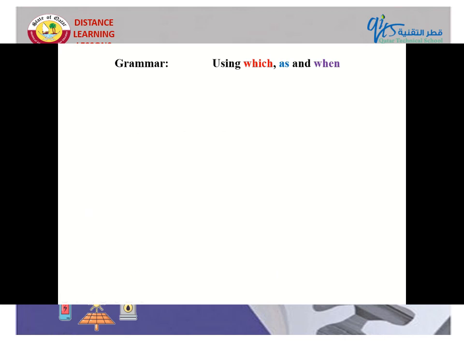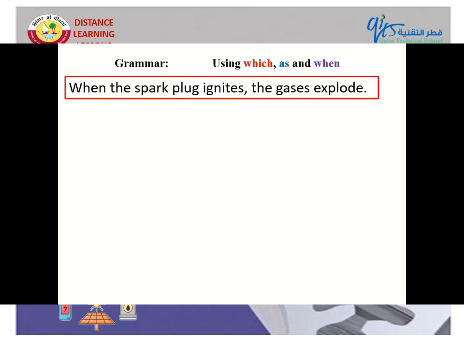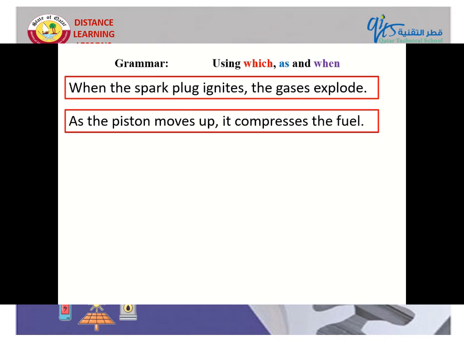Now, quickly, let's take a look at the structure of the sentence so that it will be easier for us to join our sentences together. So now let's read this. When the spark plug ignites, the gases explode. As the piston moves up, it compresses the fuel. Now, let's answer two questions so that the structure of the sentence will be clearer to us.